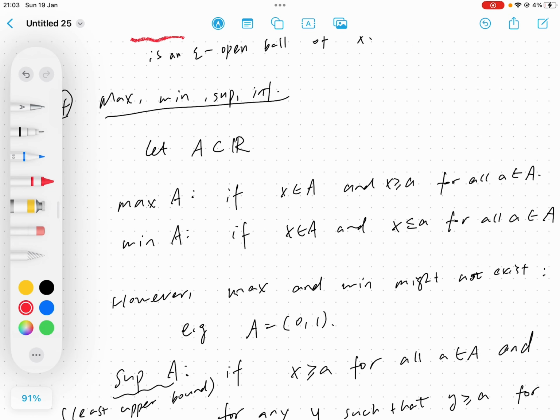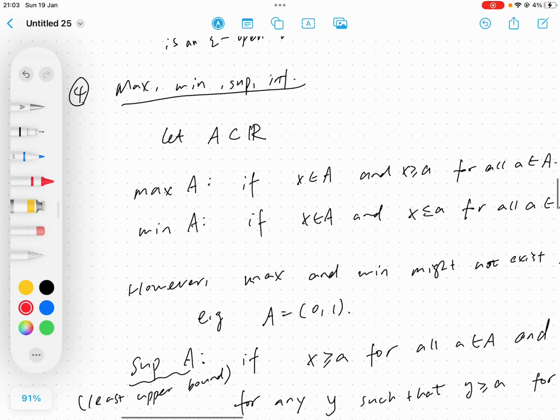Okay, and next we're gonna introduce some notations that we use to represent the greatest or the lowest values of some set.